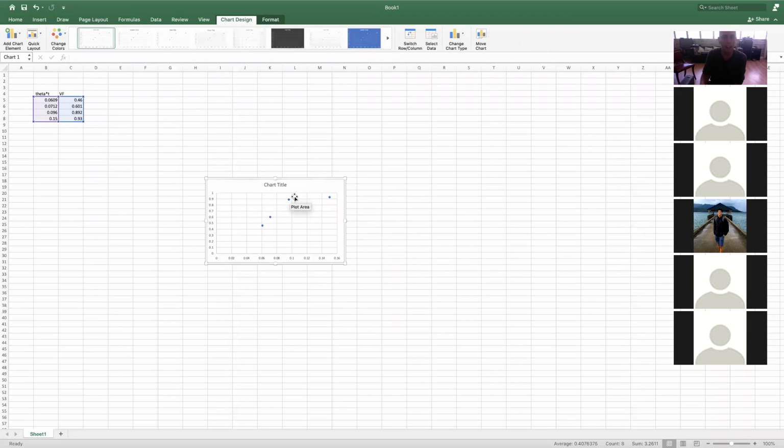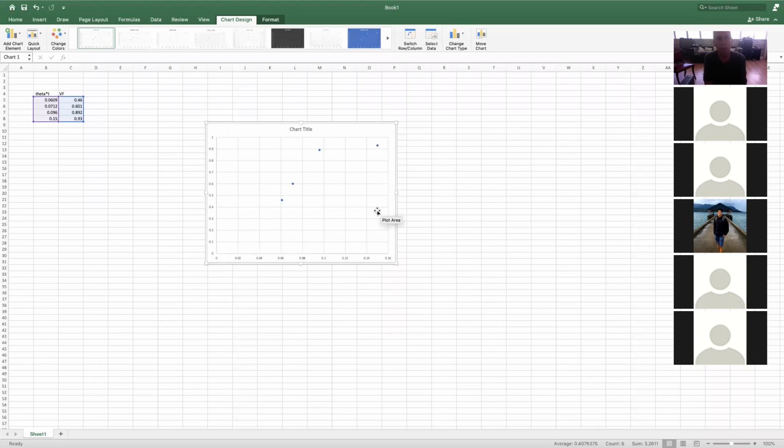Now we can see here that it looks like something went horribly wrong. So this is v, this is theta times t.